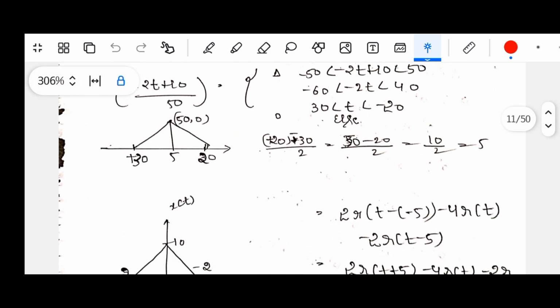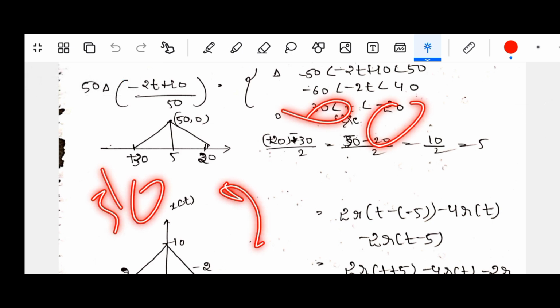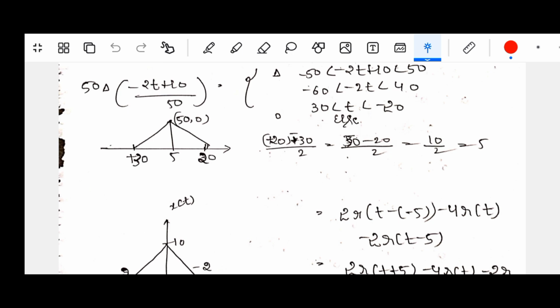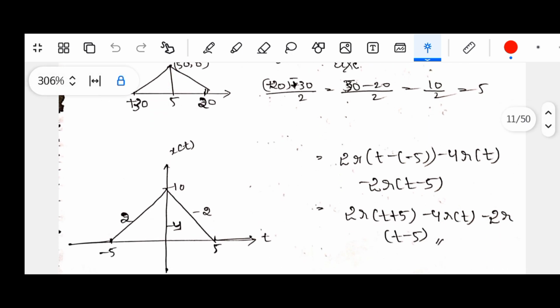So plot the graph. It is from minus 30 to plus 20. Find the midpoint: 30 minus 20 divided by 2 means 10 by 2. The midpoint will be plus 5.